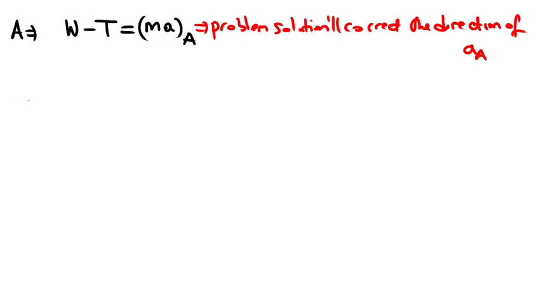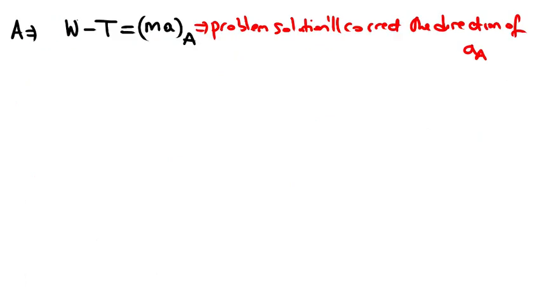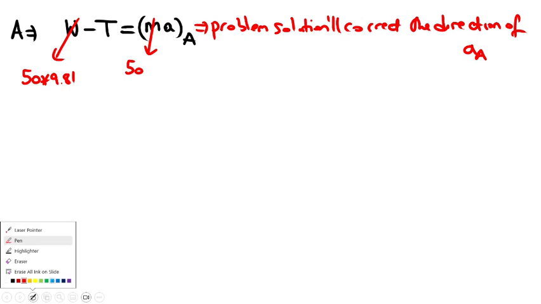W here is known because A is 50 kg, so that will be 50 times 9.81. The T value is unknown, M is again 50, and acceleration A is unknown. I will not count the unknowns and given values yet. Let's finish first.